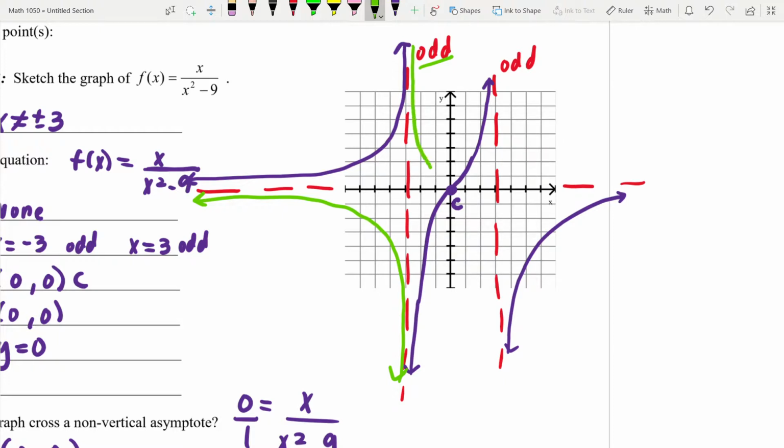Hit it, cross through, I know I can't swing back up, so it's got to be down low. This asymptote is odd. On the left it's down, so on the right it must be up, and it looks like that. I didn't break any rules. Both of them work. I don't have two answers.